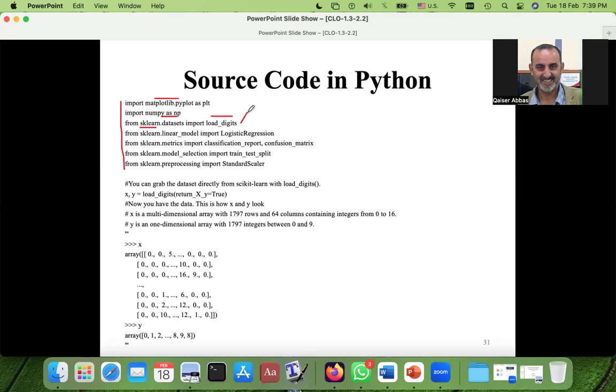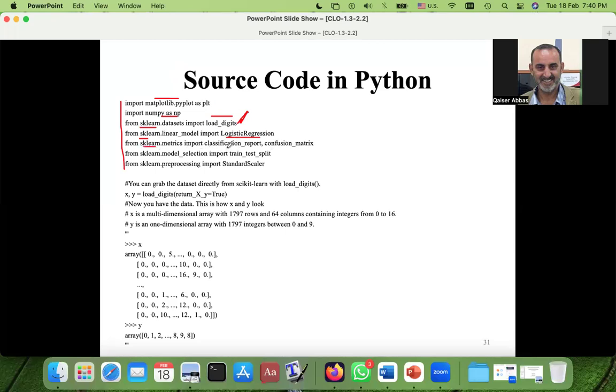Logistic regression needs numeric values. So this data set is designed especially for these types of models. So I am loading that. And then from the sklearn library, we are importing logistic regression. It is also available in some other libraries, but it is also available in sklearn. And then, okay, these are general.